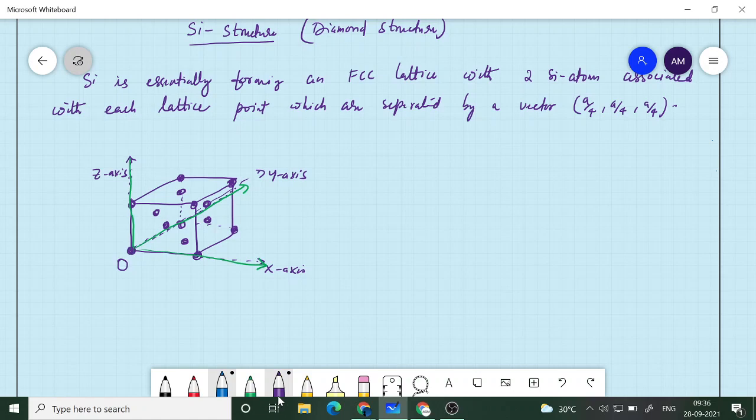Okay, now each lattice point is associated with two silicon atoms. In order to show the second silicon atom, so this is a by 2, and you take a by 4, and then up a by 4. That will give you the location of the second atom, so there are 2 silicon atoms associated with each lattice point.